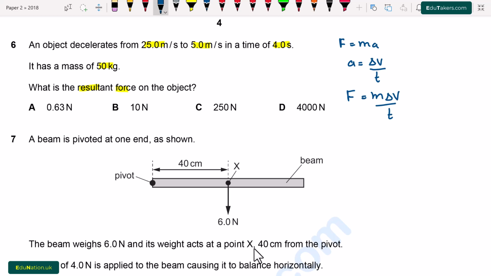Change in velocity will be 20 meter per second. So force will be equal to mass, 50 kilogram, multiplied by delta v, 20, divided by time, which is 4.0 second. So force will be equal to 250 Newton. From here, option C is correct.